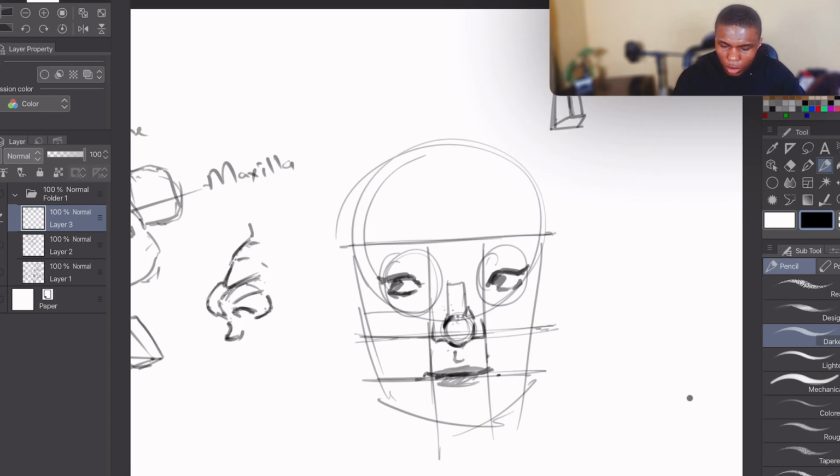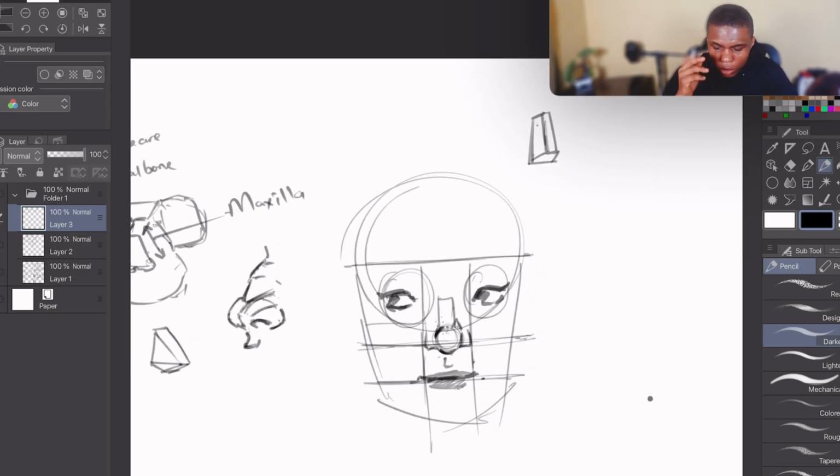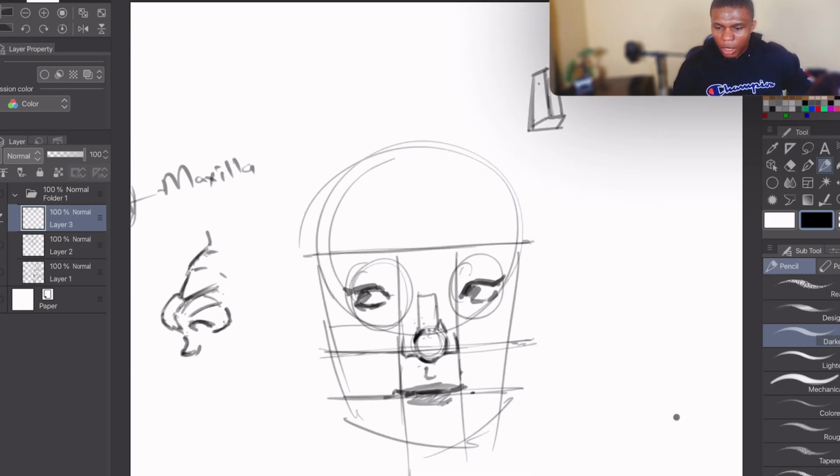And you're good for the nose. So yeah, that is important to know, but you're not just going to come by this knowledge in a single go. So keep practicing and you're going to get better.